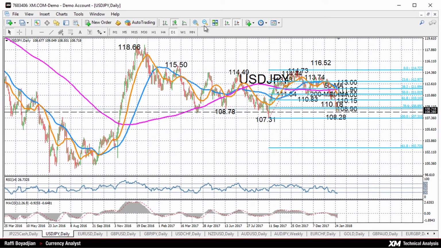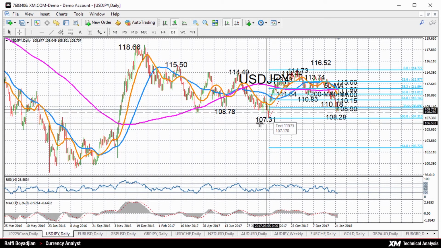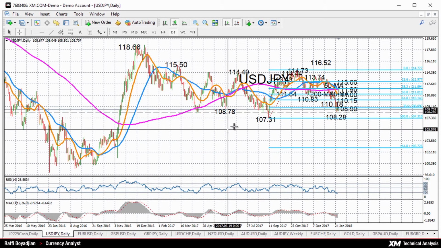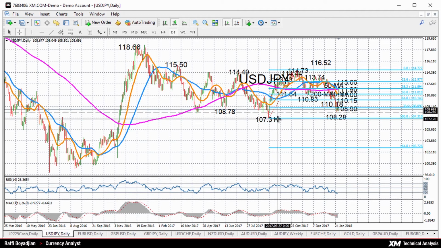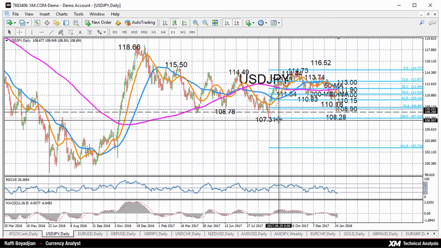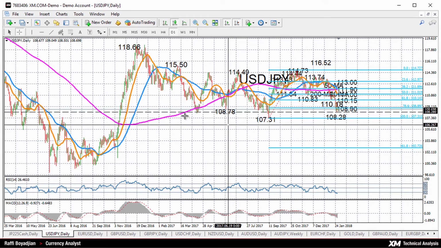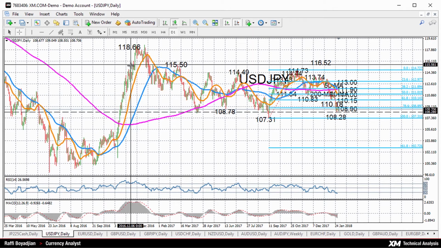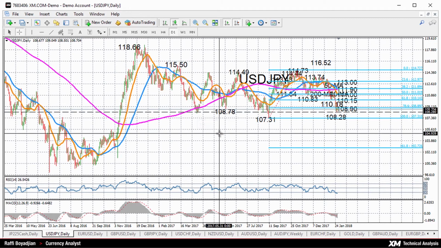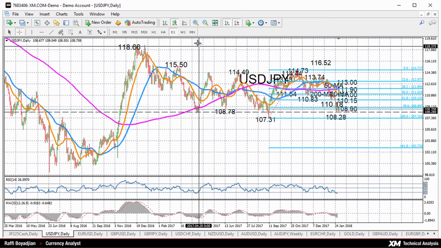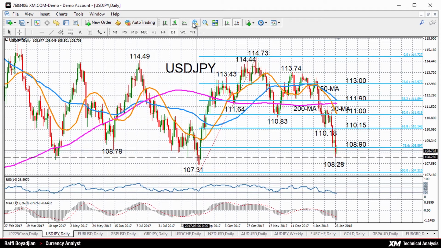107.31 is the bottom of the recent range that dollar yen has been trading within. That's been in place since early 2017. So a drop below 107.31 could then take prices below pre-election levels from the November 2016 elections, potentially driving prices towards the 100 key handle.